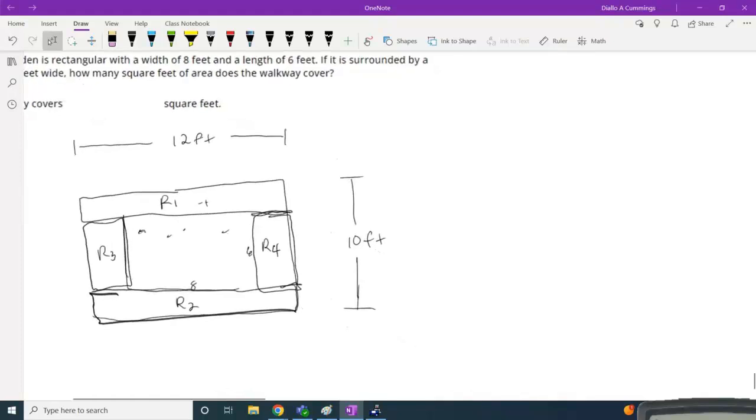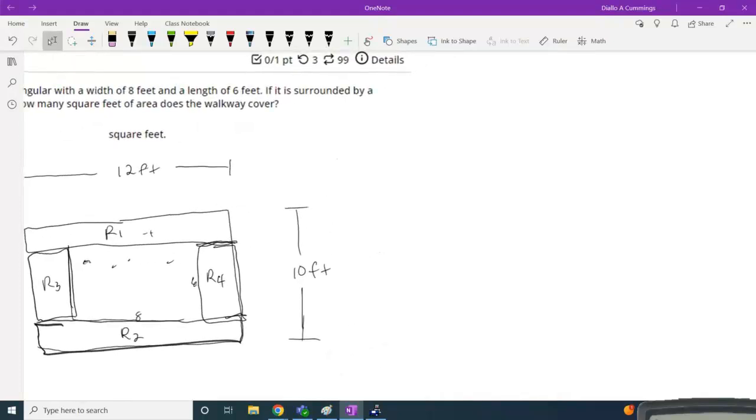Just like we did in the last problem, we're going to find the area for each rectangle and add them together. First, let's find the area of rectangle 1. The area of rectangle 1 is equal to the length times the width. What is the length and what is the width?